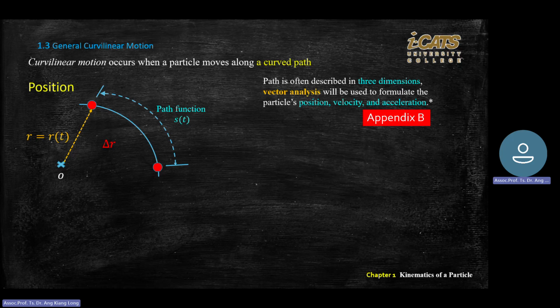So if you draw a curve, the center is somewhere inside the curve, and then you label it as R. So this is the position vector. One is the path function, one is the position vector, which is R. In curvilinear motion, we define our position as R and not S. If it moves in a straight line, then we use S for position, but in curvilinear, we use R.